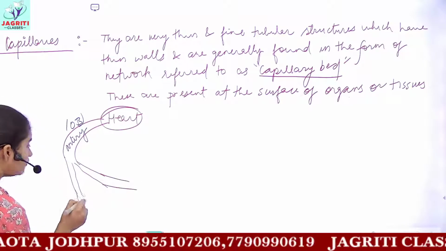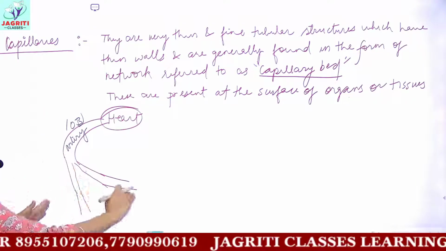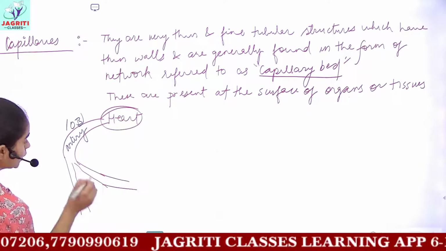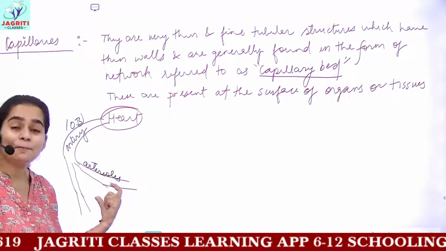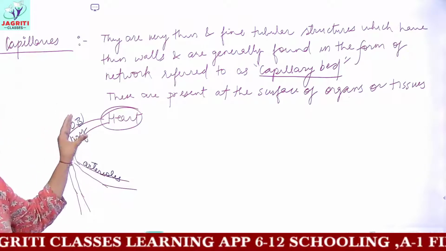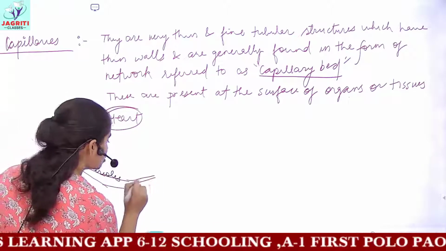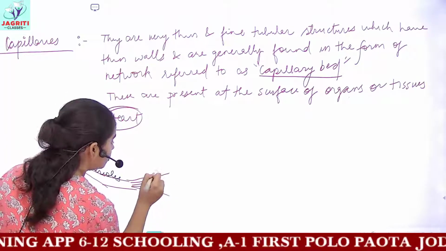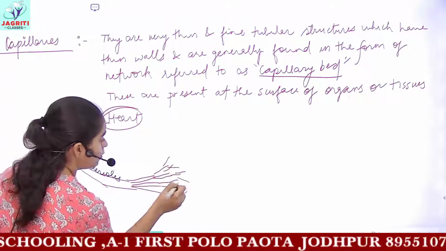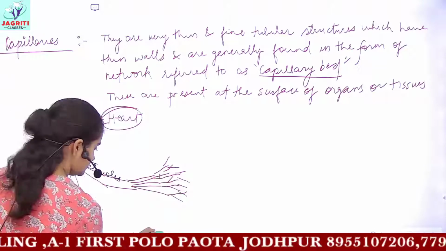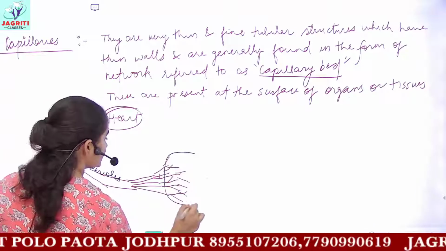An artery is a thick vessel. When it gets divided, these divisions are known as arterioles, which are comparatively thinner than the artery. And reaching a particular tissue, these again get divided into very fine thread-like or root-like structures in the form of a network. Let's suppose this is the surface of the tissue.